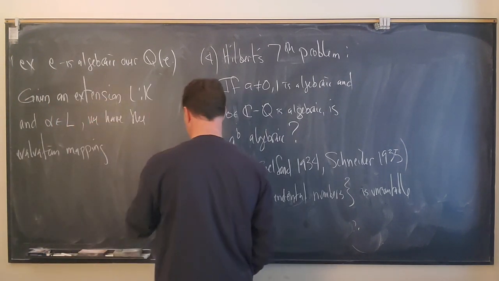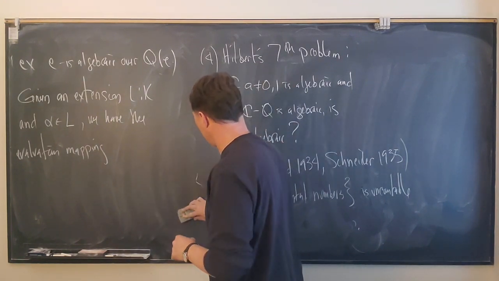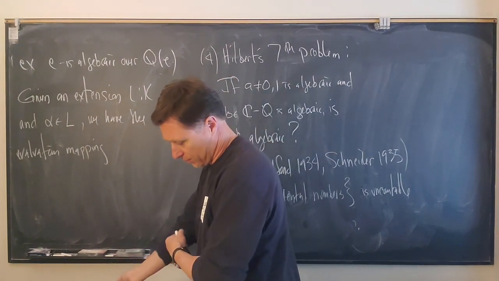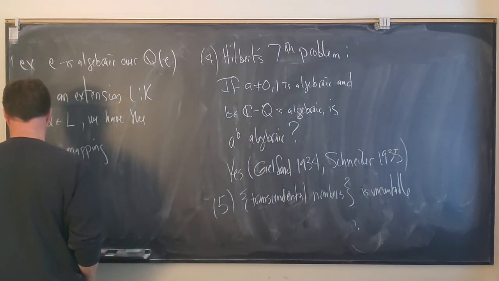Last quarter when we did the evaluation, I did a phi sub alpha, but I'm going to change notation here. I'm going to use E sub alpha. So we have the evaluation mapping E sub alpha.